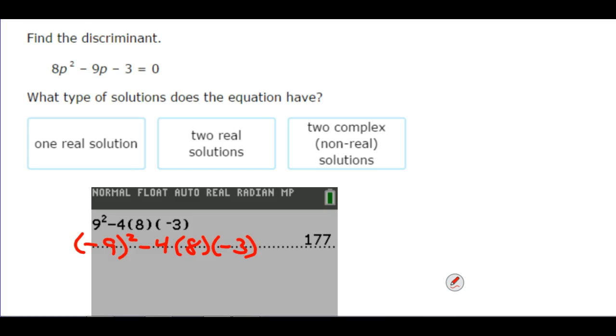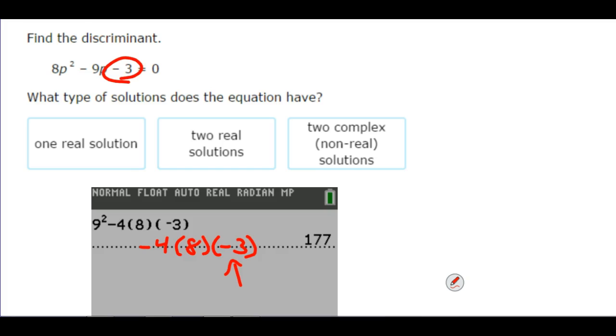If you got negative 15, then your answer would be two complex non-real solutions. I think what happened if you got negative 15 is that you didn't put negative 3 in. The other thing that could change your answer is making sure this is negative 3, from this negative minus 3.